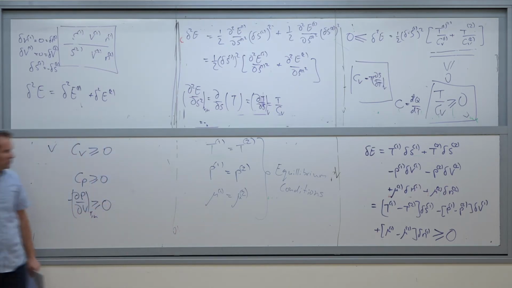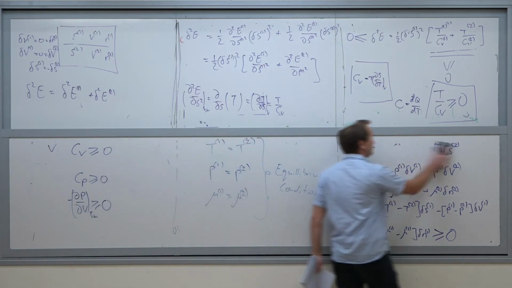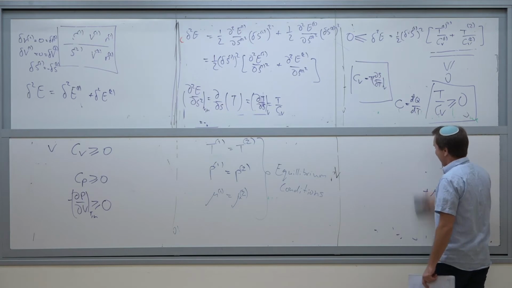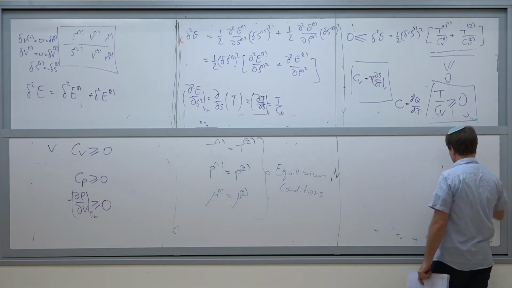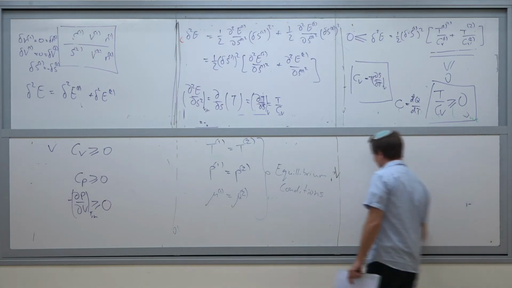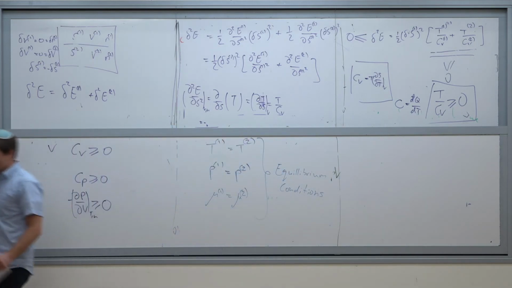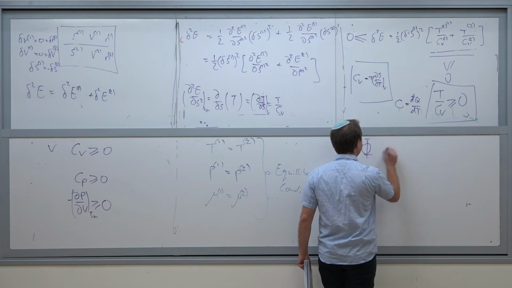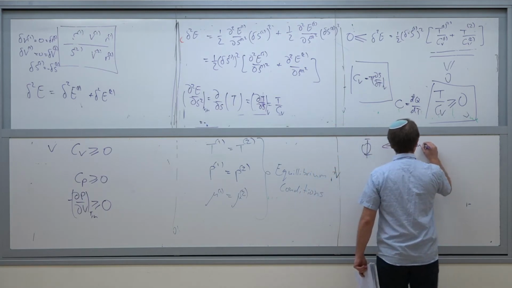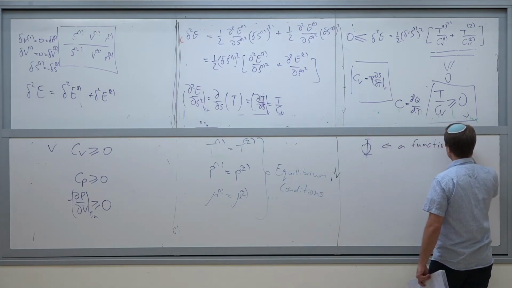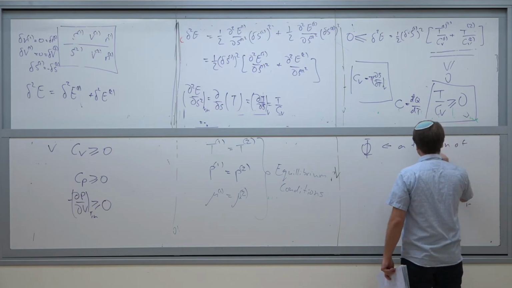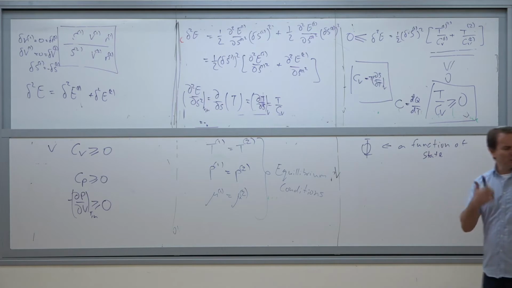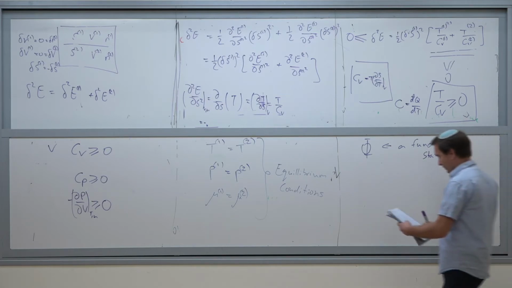And in general, I won't prove it to you, but there is a general statement about how intensive quantities are changing with extensive quantities. So if I have phi, a function of state, it can be energy, enthalpy, Gibbs energy, Helmholtz free energy, okay?